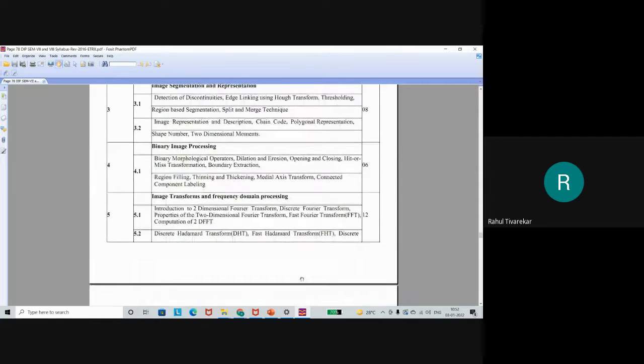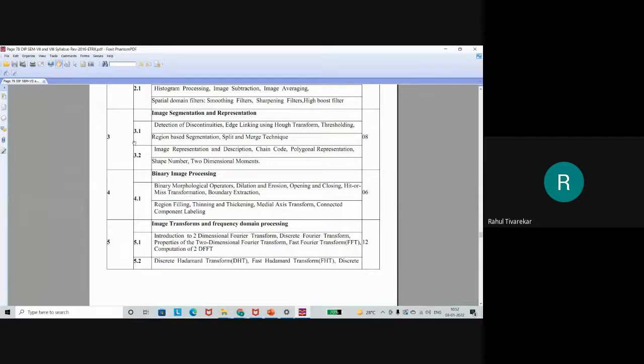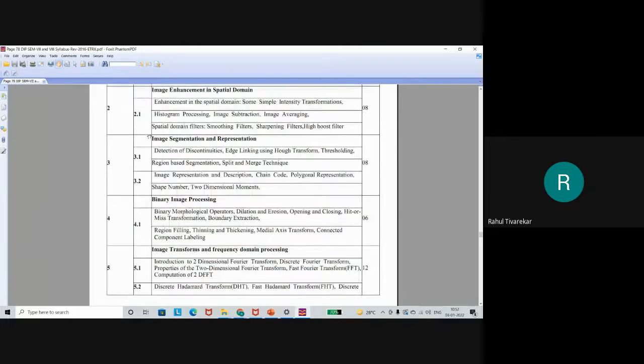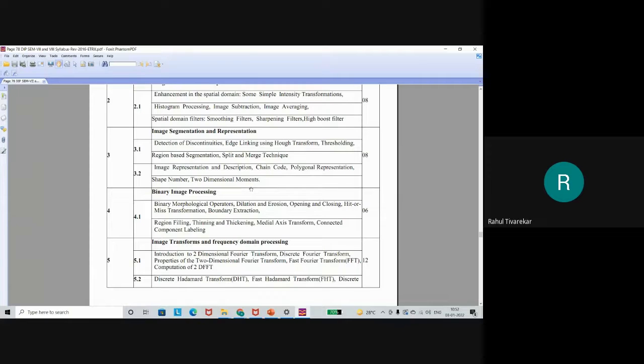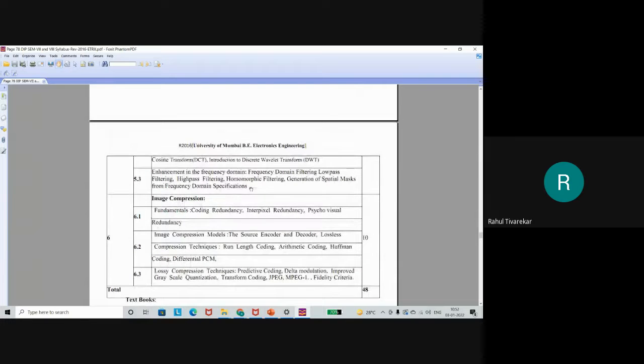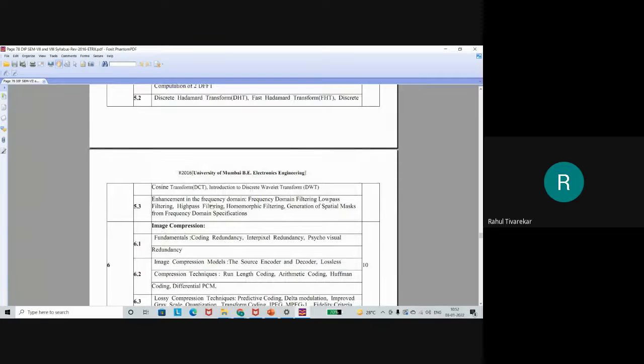And as we saw in the second module, how we can low pass filter and high pass filter the image in the spatial domain, the same we will learn here in the fifth module, but here we will learn the same low pass and high pass filtering with the help of the frequency domain.